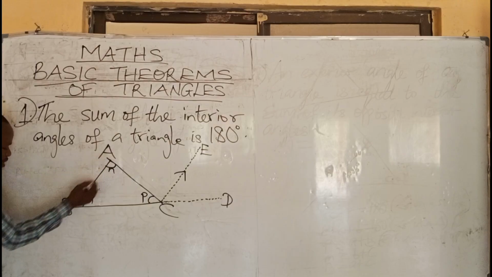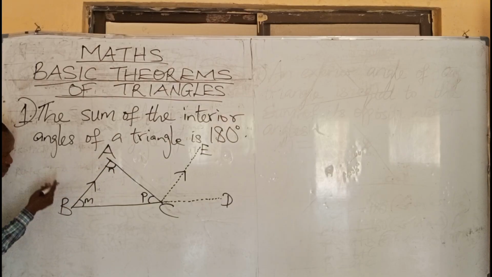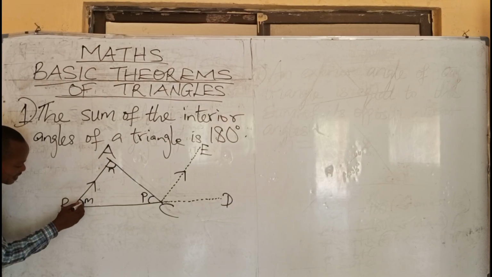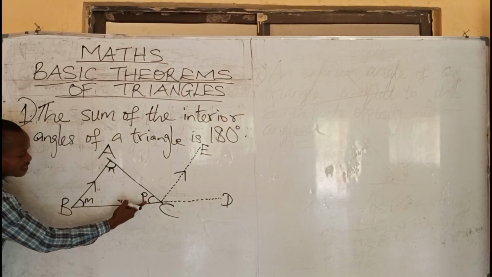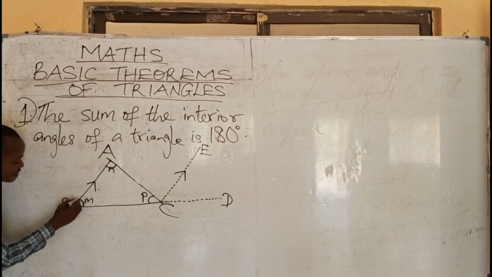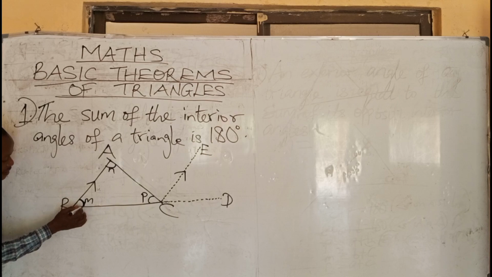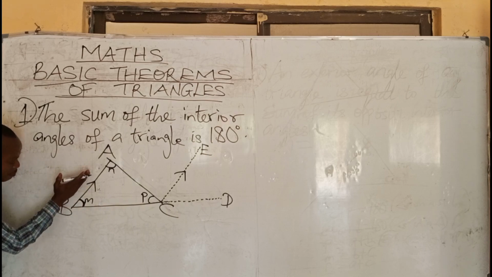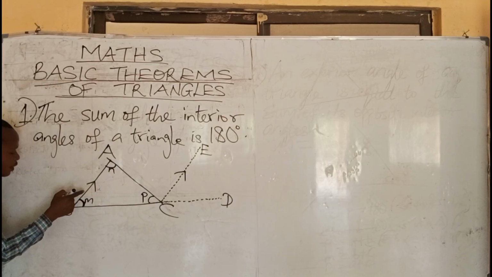Now, since AB is a parallel line, this line here is a transversal, like I said. This angle here is occupying the bottom right hand of this parallel line.